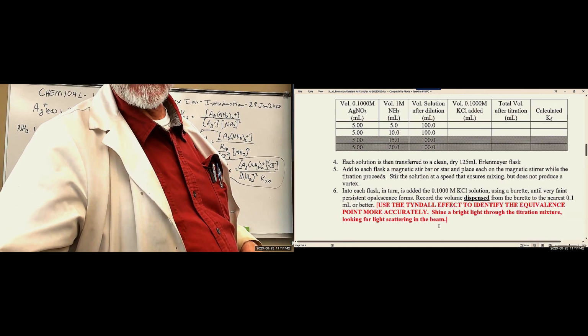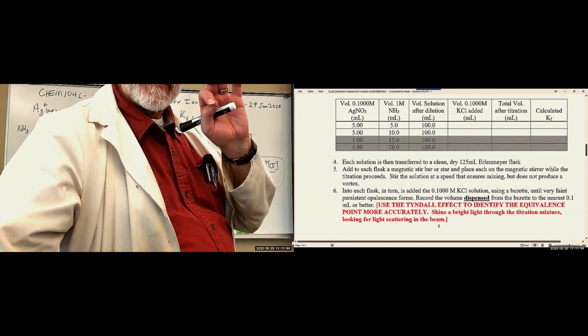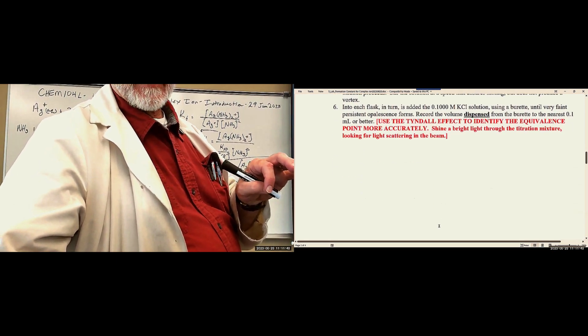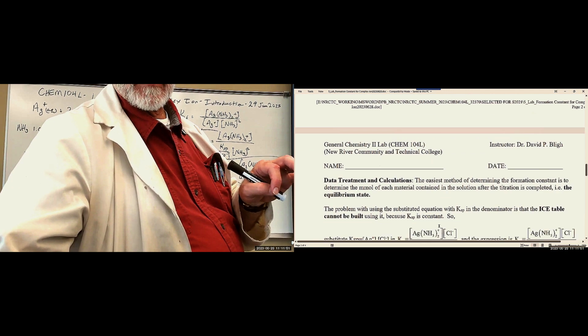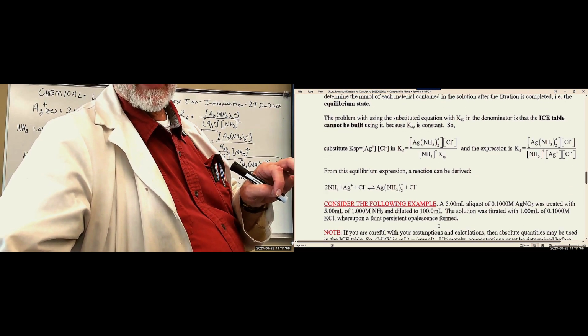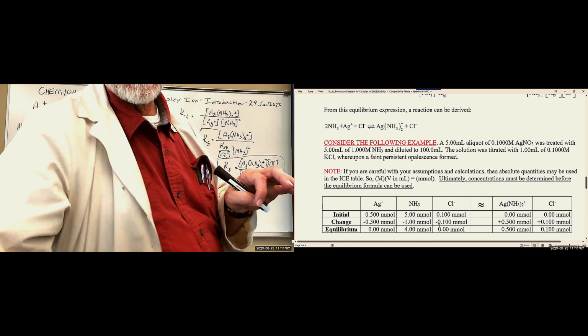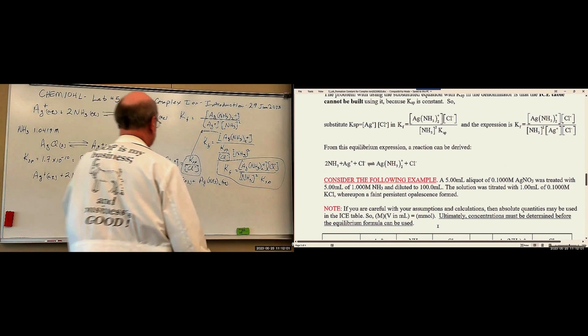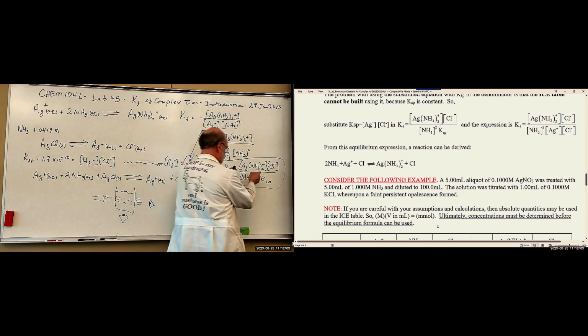Once you've determined the volume of potassium chloride that was dispensed, then we need to be able to set up an ICE table using this expression right here.